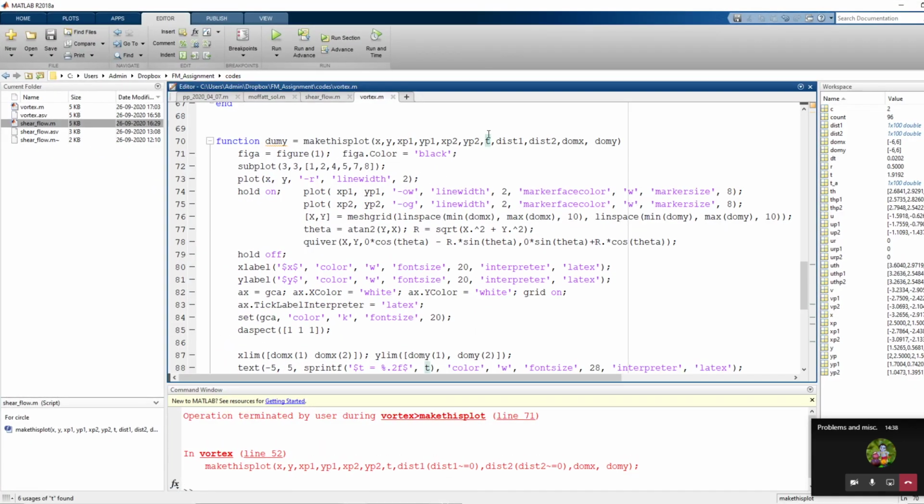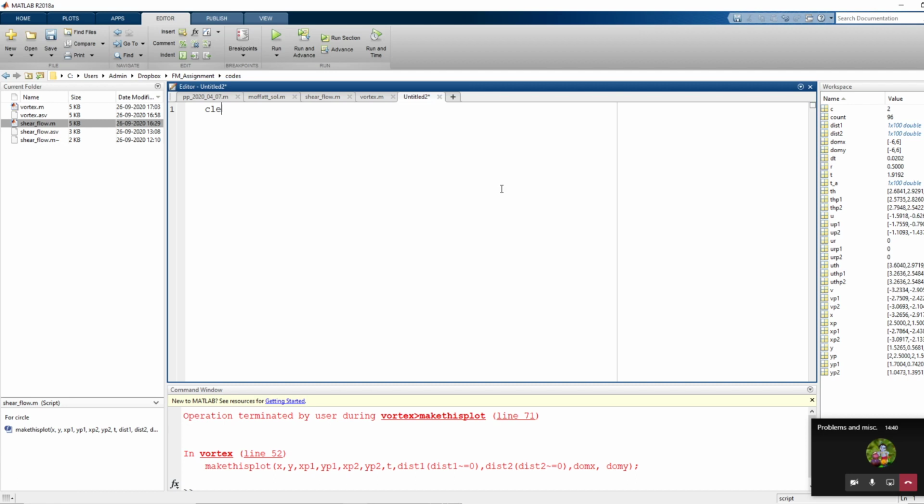Let me create a new file. So first task is I'll clear all the variables and CLC. Now let us define the domain over which we want to make the plot. So I will make x equal to linspace -2 to 2 and I will take say 20 points. Y equal to linspace -2 to 2 with 20 points.